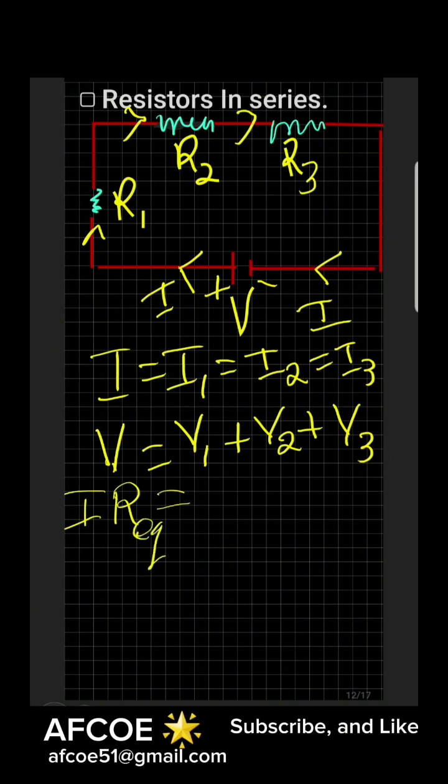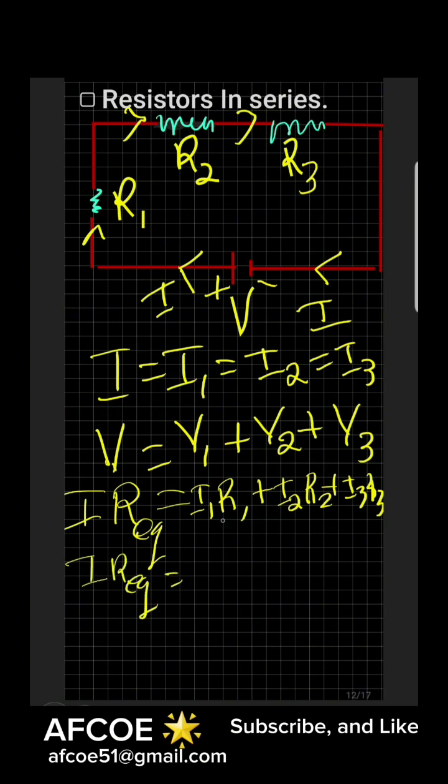V will equal V1, which is I1 R1, plus, from Ohm's law, V2 which is I2 R2, plus V3 which is I3 R3, right? And from here we know that I1 equals I equals I2 equals I3. So I R equivalent equals I R1 plus I R2 plus I R3.